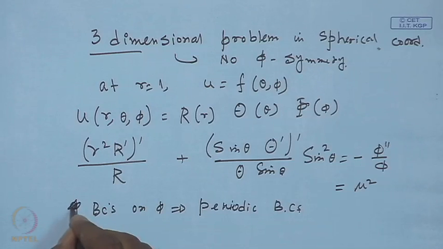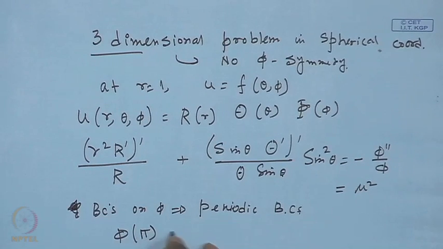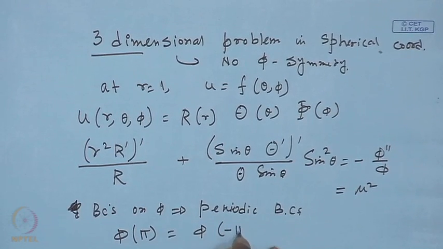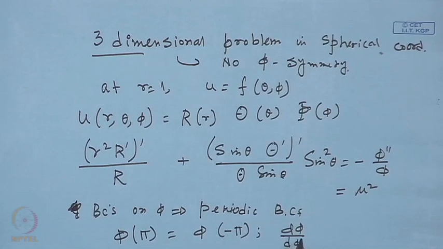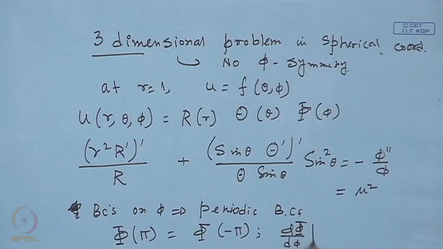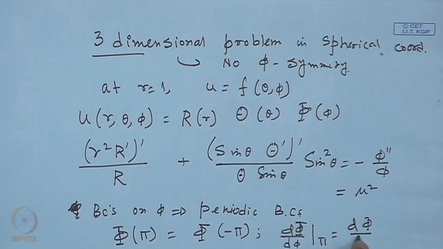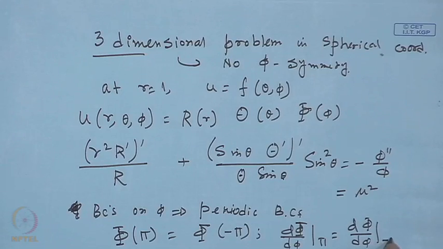So, the boundary conditions on phi we define as Phi at pi is equal to Phi at minus pi, this is capital Phi, and d Phi at pi is equal to d Phi at minus pi.